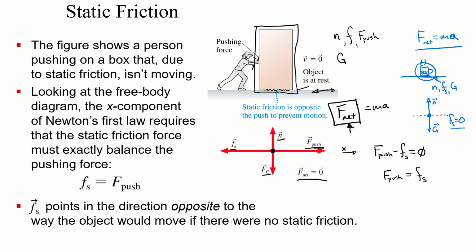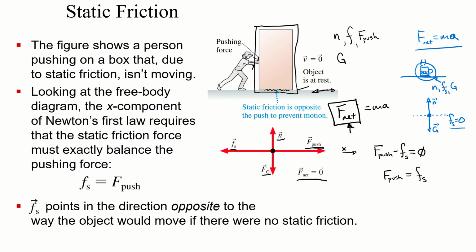So hopefully that makes sense. It'll become clearer in our synchronous sessions when we go through examples and problems. But generally, the way I like to think about static friction is its force is whatever it needs to be to make Newton's second law hold for the way that object's moving.